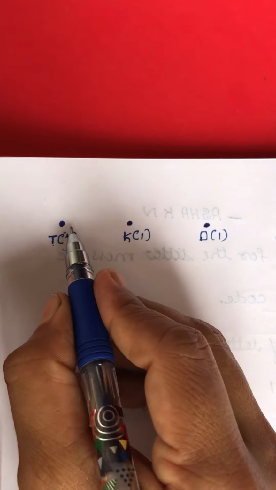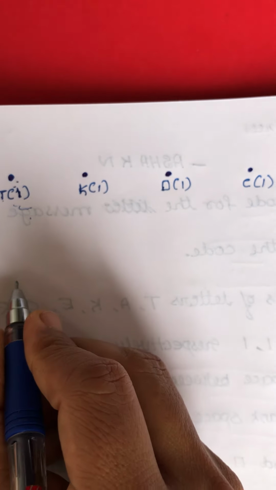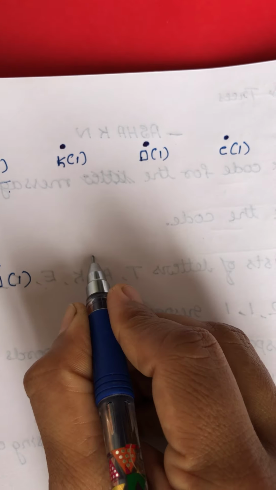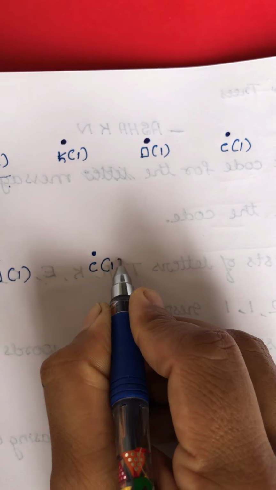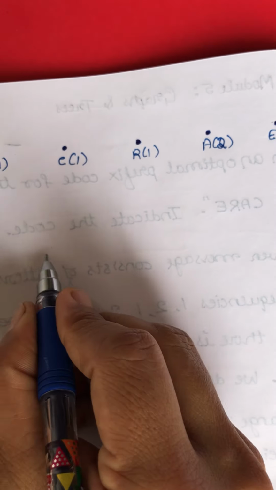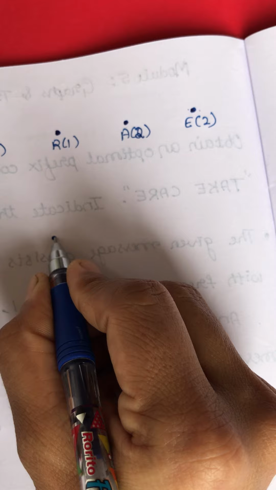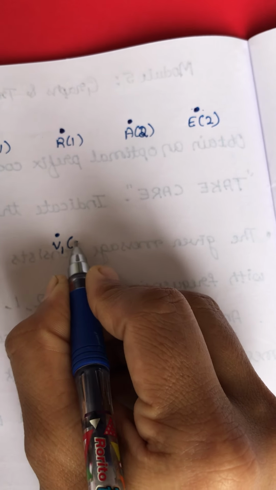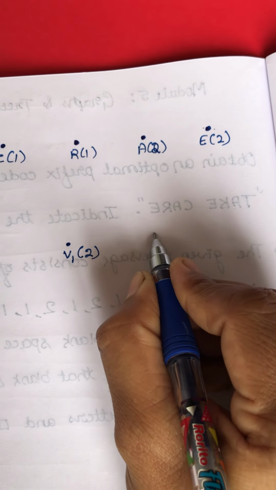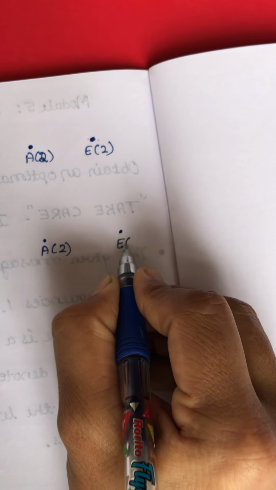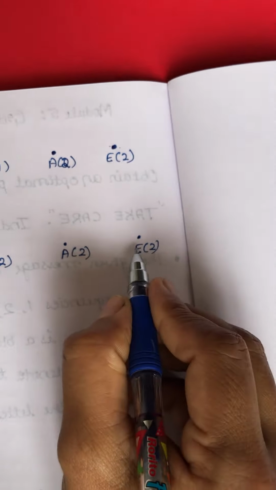So after this I have blank space 1, as it is, then C1, then R1. Then I write my new vertex V1, 2, and then A2 and E2 as they are.